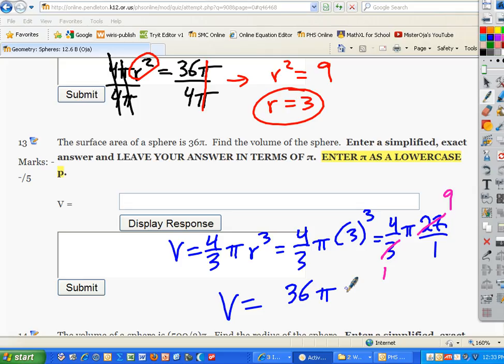So Moodle wants us to enter the pi symbol as a p. So our answer would just be 36p. Now that seems a little weird. Yes, ma'am? How does that work if the surface area is 36 pi? Ah, strange, isn't it? This one is a weird coincidence.